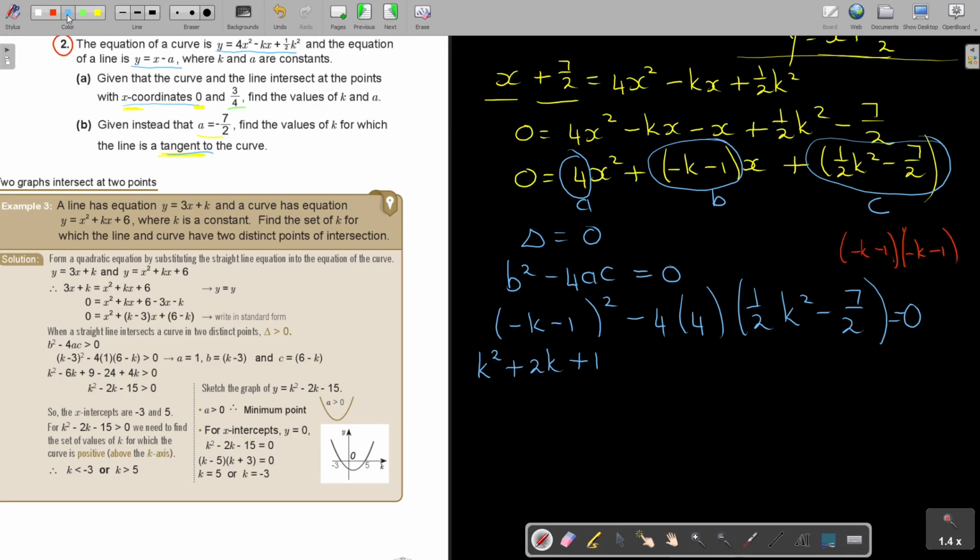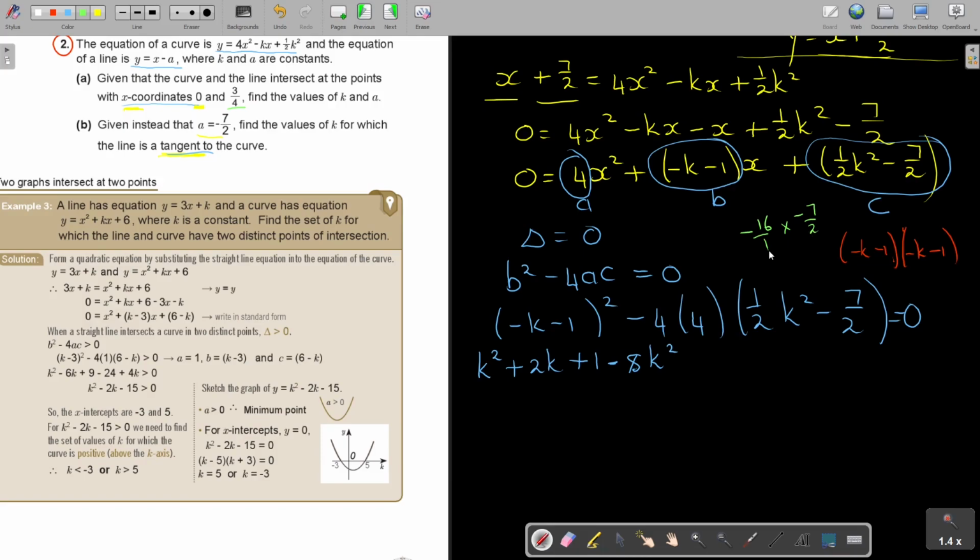Okay, then I'm going to multiply this one. So this is negative 16, multiply, so it's going to be 8. Okay, let's just say negative 8k squared. This is negative 16, and then it's multiplied with another negative, negative 7 over 2.